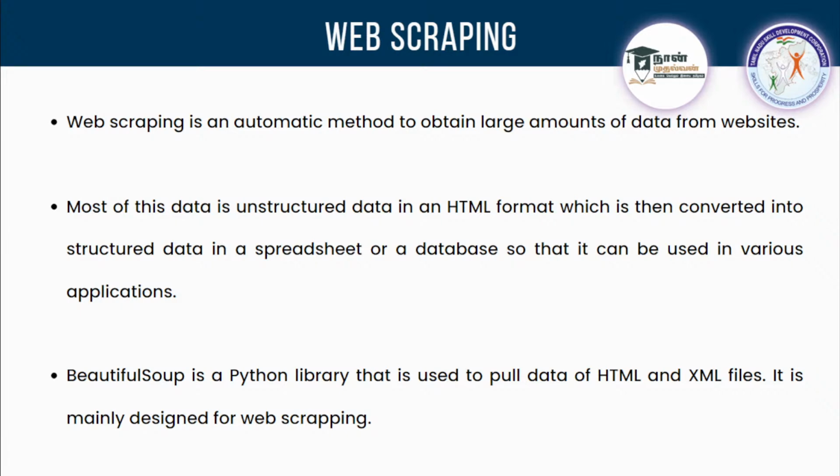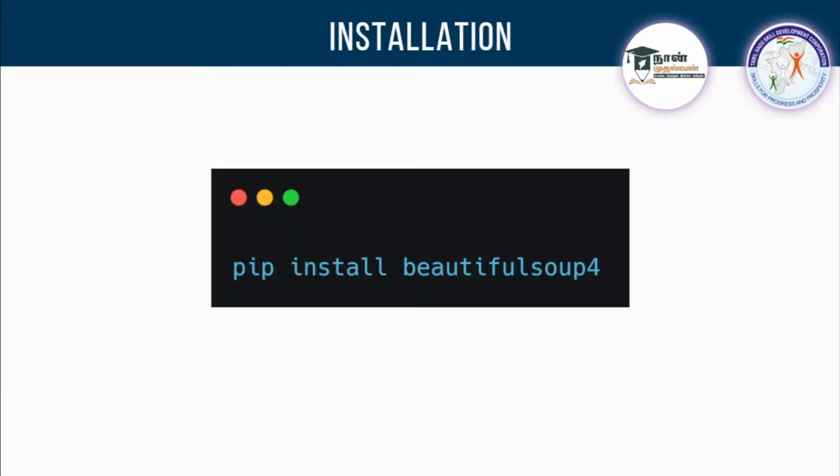And how we are going to do it is we are going to use one very important library for Python, which is known as Beautiful Soup. That library is used to pull data out of HTML and XML files, and it is particularly designed for web scraping. It is easy, we'll try to do it. First will be the installation part.